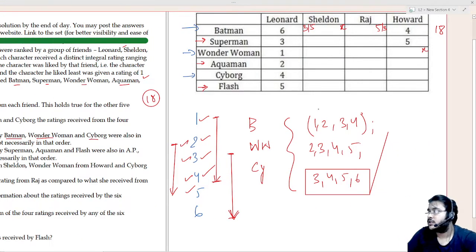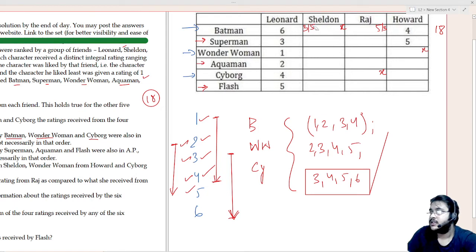So Raj's Cyborg is going to be the same. So these numbers are going to be the same. This makes my life picture perfect, because for a fact I know this cannot be 5, because if x is 5, this will violate the condition. Because they have to be distinct. So Raj cannot have 2 5s for 2 characters.